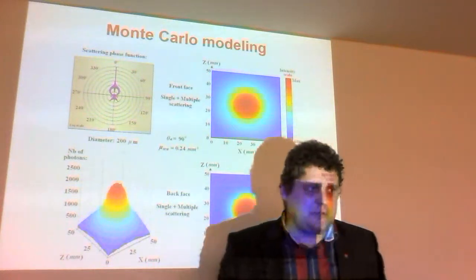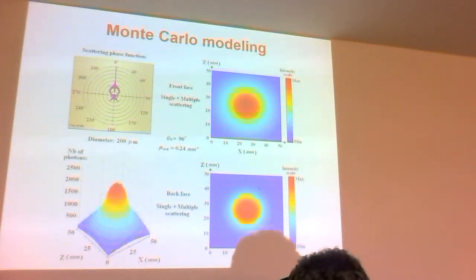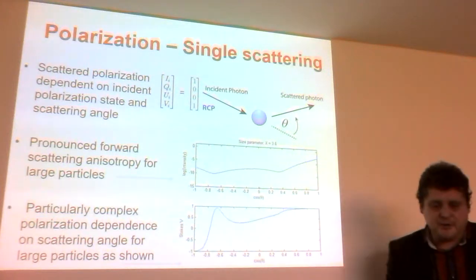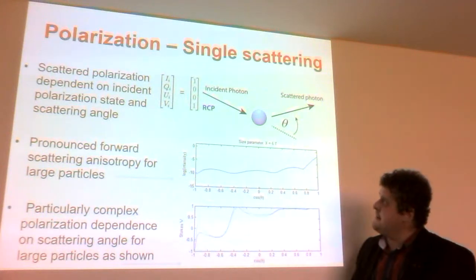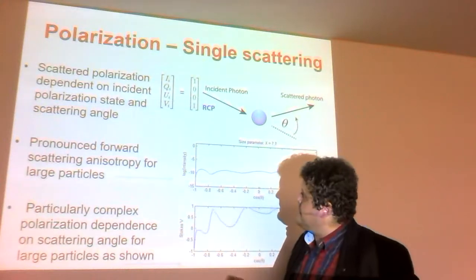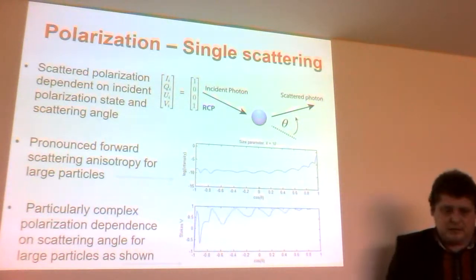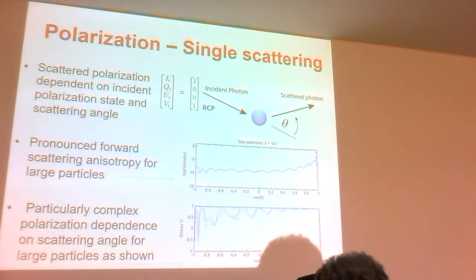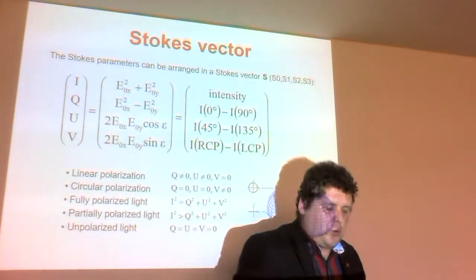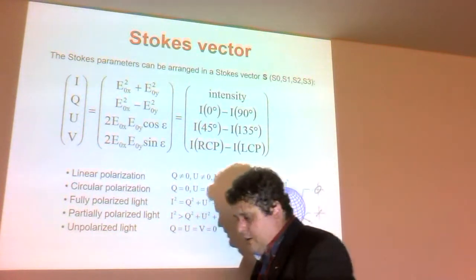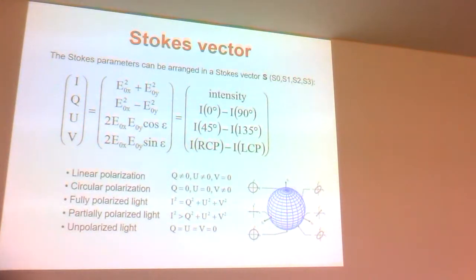If we want to consider it more precisely, we should consider the Stokes vector. I will just remind you what it means. So what is the Stokes vector? When we consider polarized light, we want to characterize the polarization.